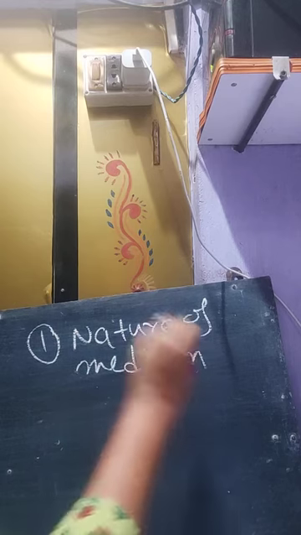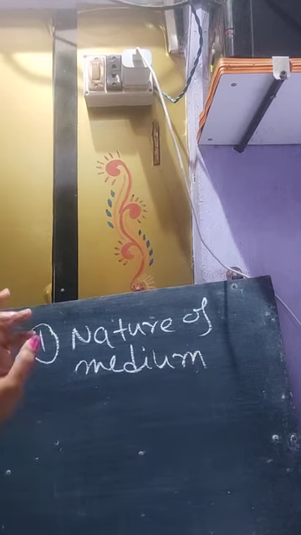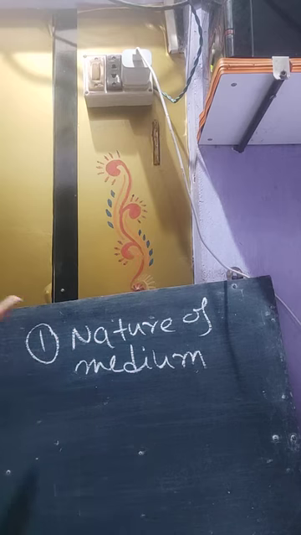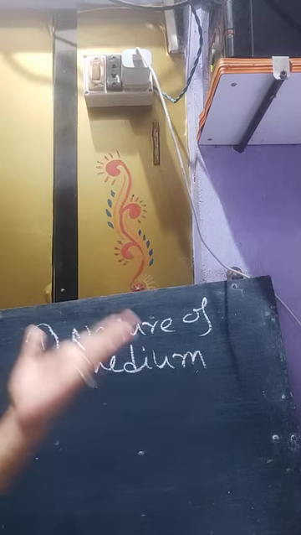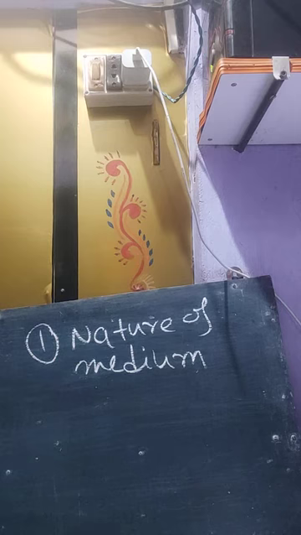If the medium is denser, then the velocity will be less, and if the medium is less dense, then the velocity will be higher. Therefore, according to that, the refractive index will be affected.